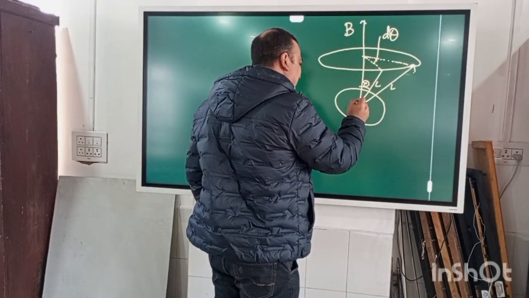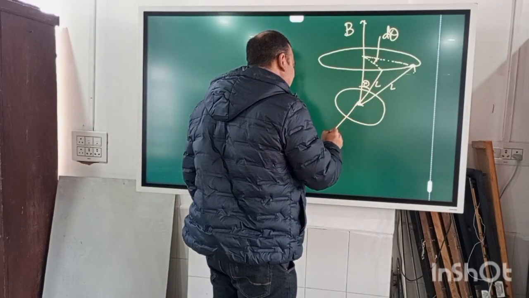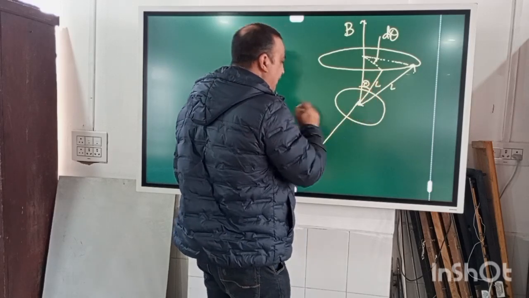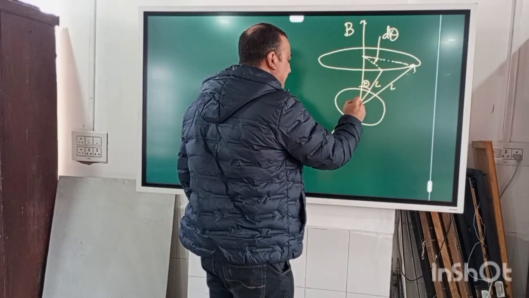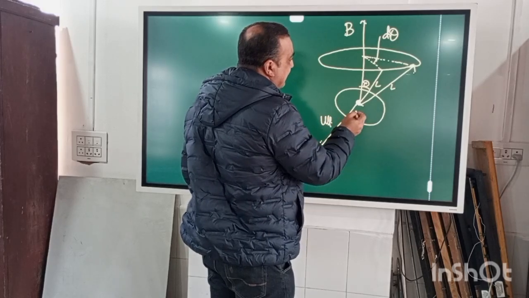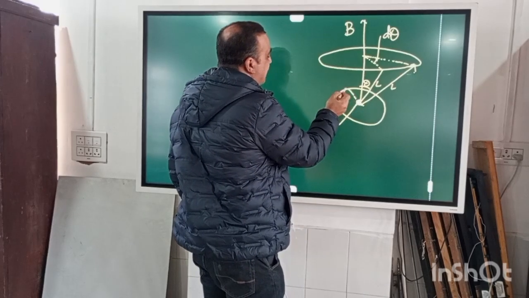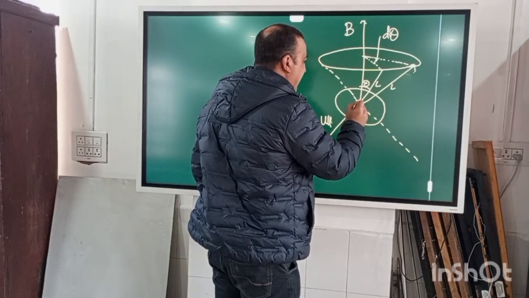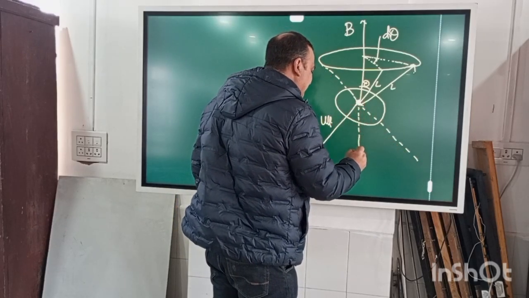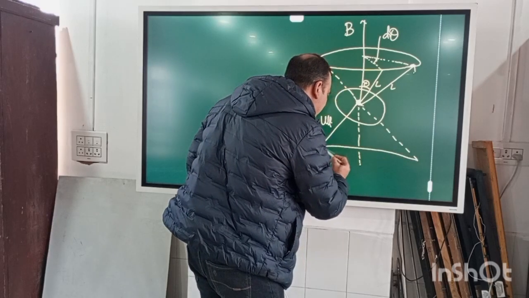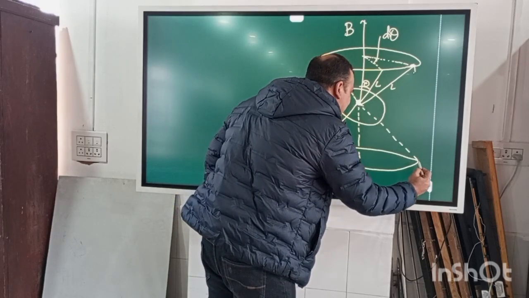And at the same time, we have the magnetic moment of the electron, which is opposite to the orbital angular momentum. So that has to be mu L, and if I make a projection like this, I will have another cone in terms of the magnetic moment of this electron.